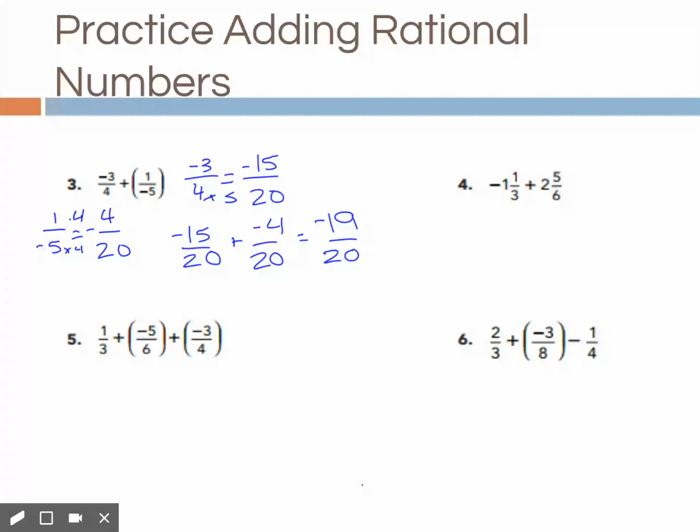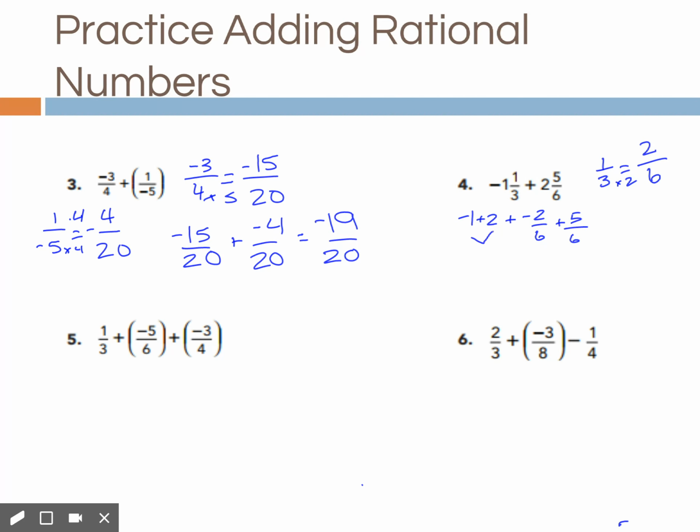All right, number 4, we have mixed numbers, negative 1 1/3 and 2 5/6. So before anything, I want to change to common denominators. And I see right away that the common denominator is going to be 6. So 1/3 equals 2/6. So now I have negative 1 and 2/6 plus 2 5/6. So first I'm going to group my whole numbers, negative 1 plus 2 plus negative 2/6 plus 5/6.